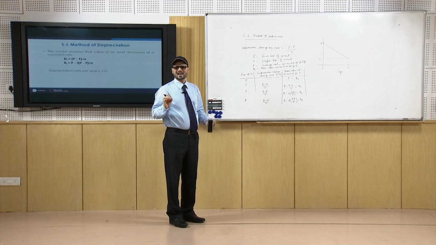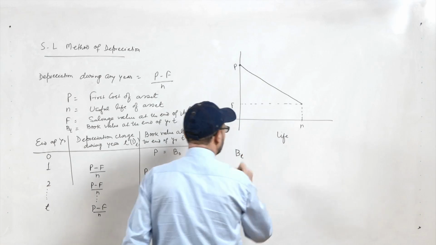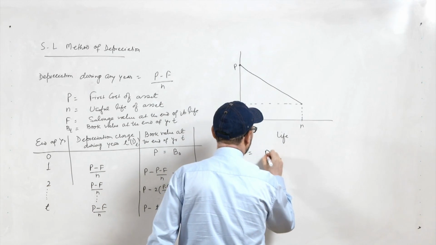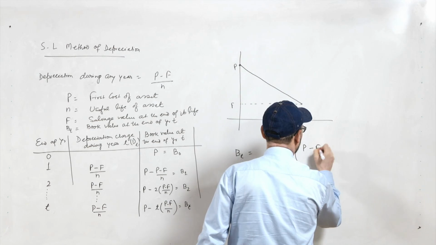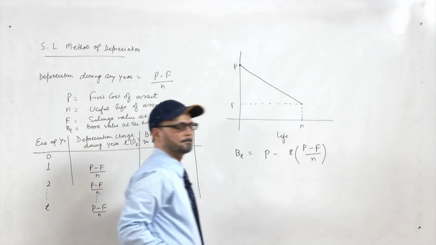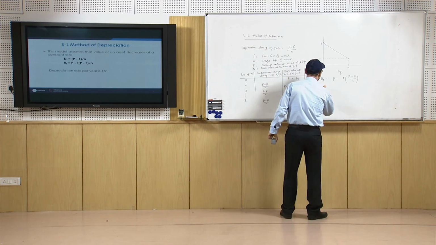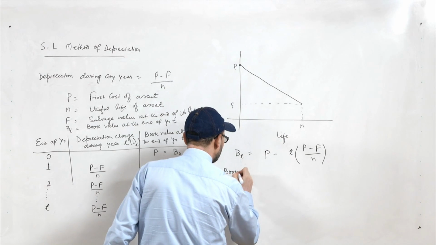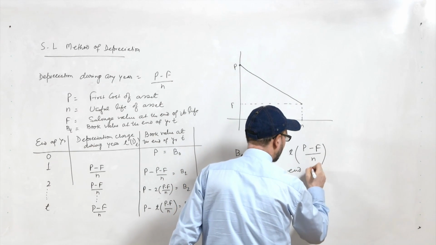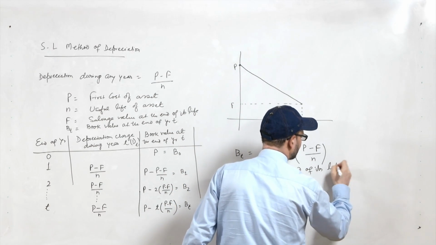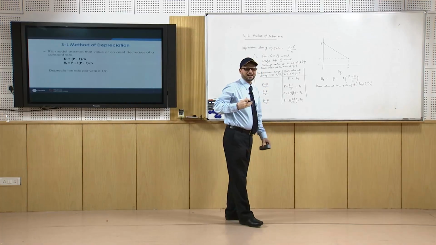So, using the straight line method of depreciation, you see that the book value at the end of year t will be nothing but P minus t times (P minus F) upon n. Now, if we take the book value at the end of its life, that is B n, then t will be replaced with n.